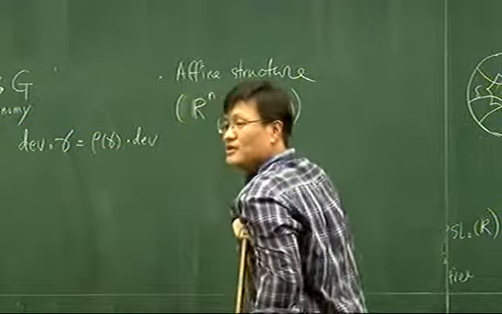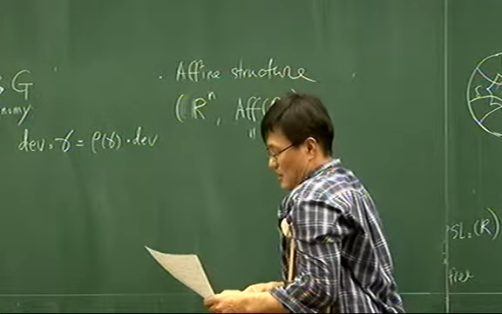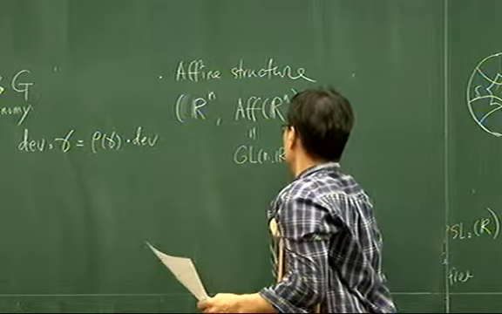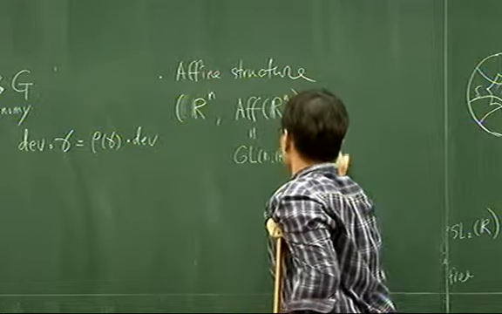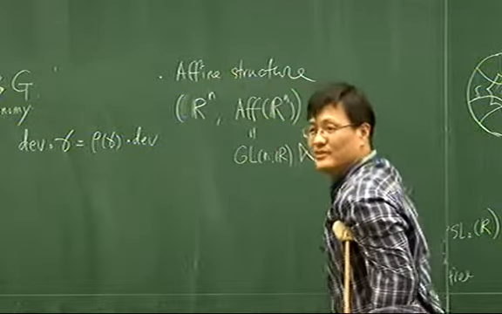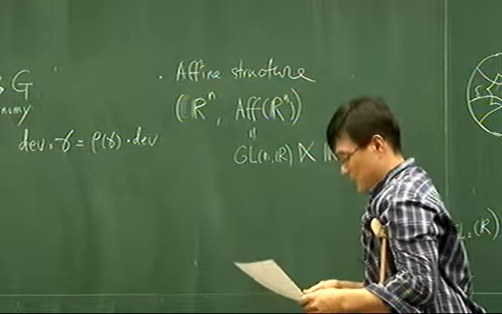The affine group of R^n is just the linear group together with the translations. And this translation group is a normal subgroup.